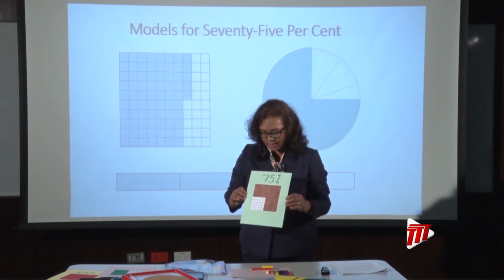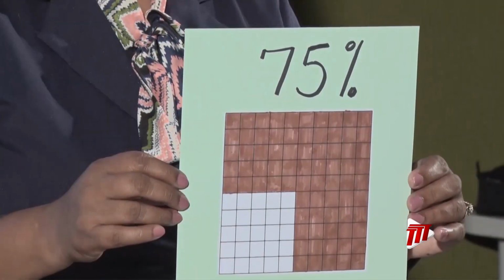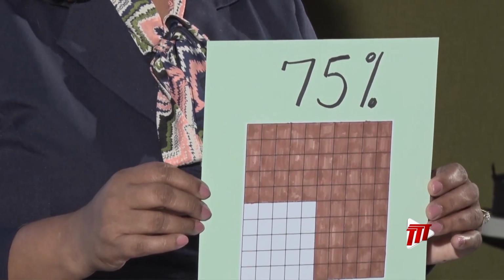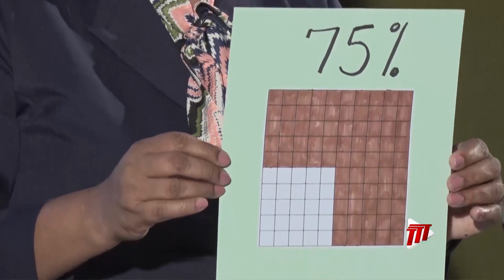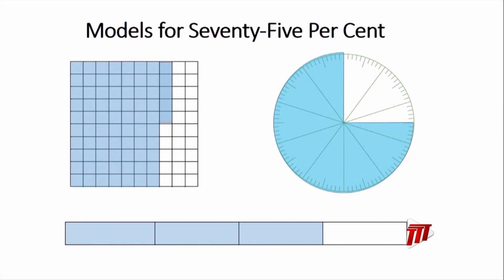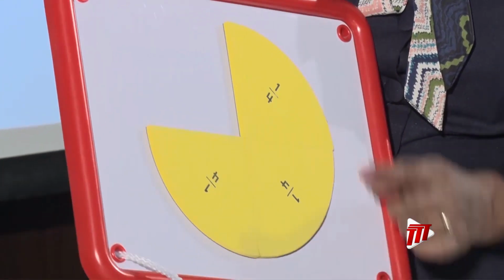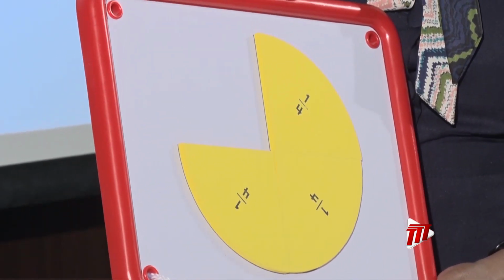So this is my grid, and my grid shows 75 of those squares that are shaded. So this is 75%. As a fraction, it is 3/4. As a decimal, it is 75 hundredths, or 0.75. I can also show 75% using my disc. I've represented 75% or 3/4 or 75 hundredths.